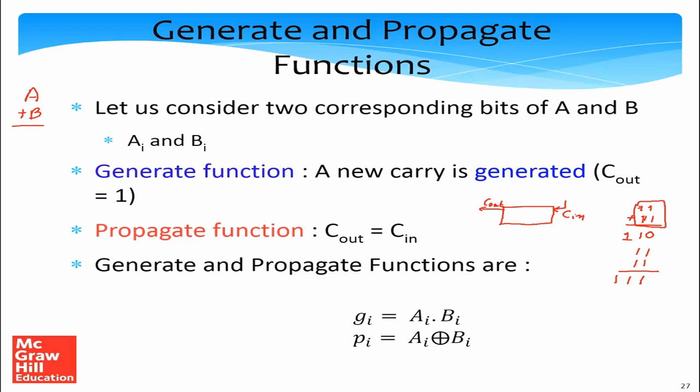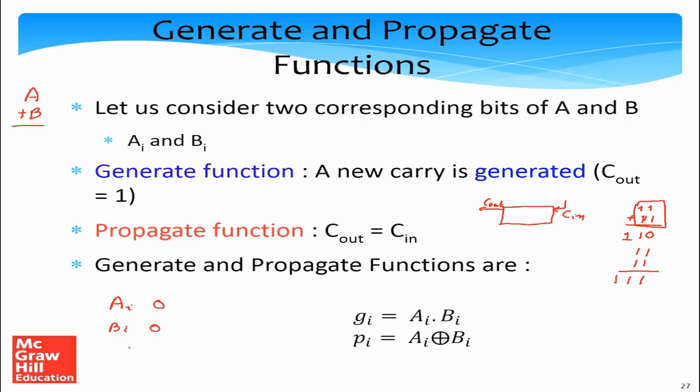Now let us define a propagate function. The propagate function says that the output carry is equal to the input carry. Let's consider a single bit example, which will be far easier to understand. Let's consider the values of AI and BI, and multiple values. Let's assume these are 0 and 0.